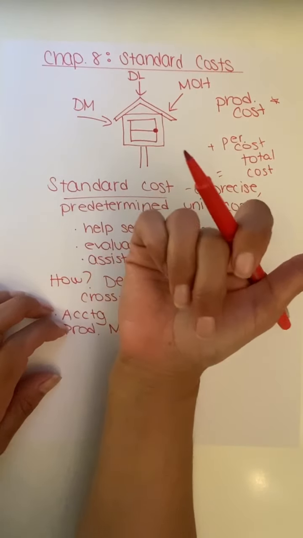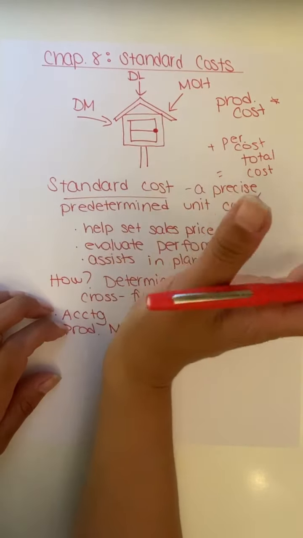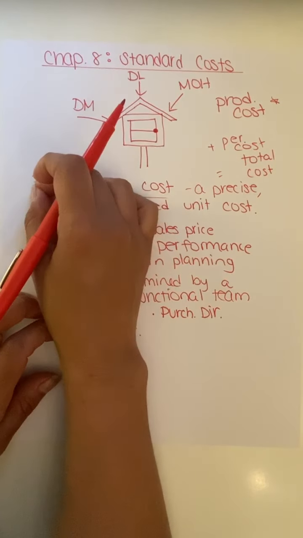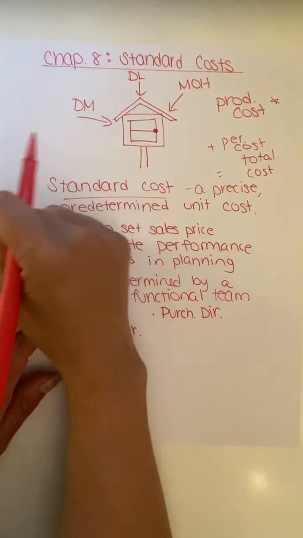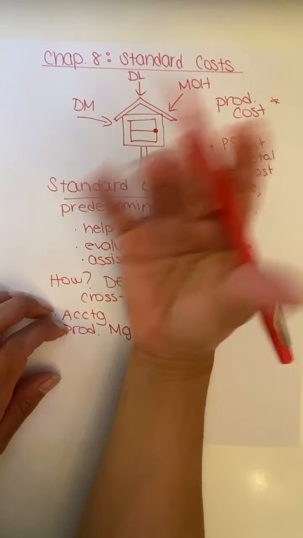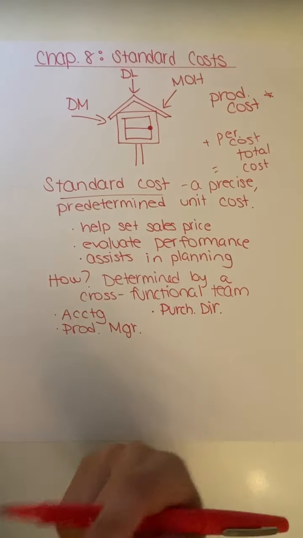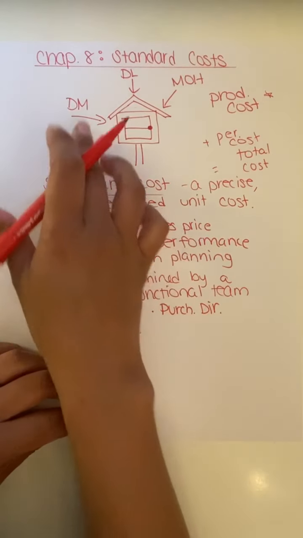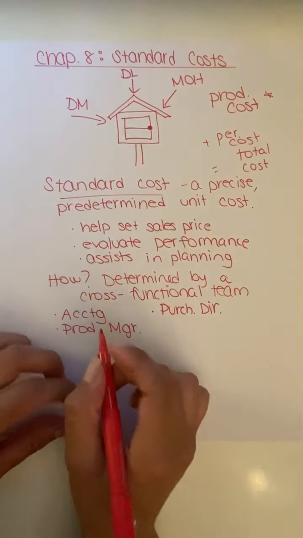They're contracting with the lumber mills. So they have good relationships with those lumber mills and they know exactly how much those materials cost. They also have their finger on the pulse if those material costs are going to increase, right? Because of any kind of supply issues. So you want to have them in the room when you're determining the standard cost because they're going to have information that maybe the accountants don't have.